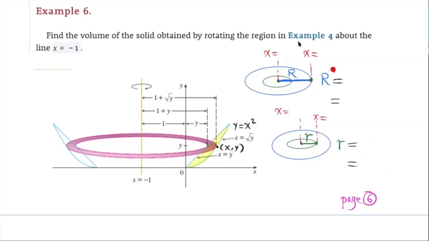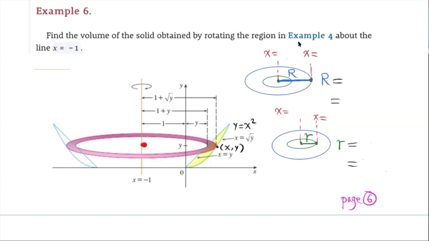Now, what about this outer radius? From here all the way to this outer edge. Remember, when you try to find the big R, the outer radius, you go from the center all the way to the outer edge of the original region, this one over here. Do not look to this side, because this is the region that's bounded by the two curves.